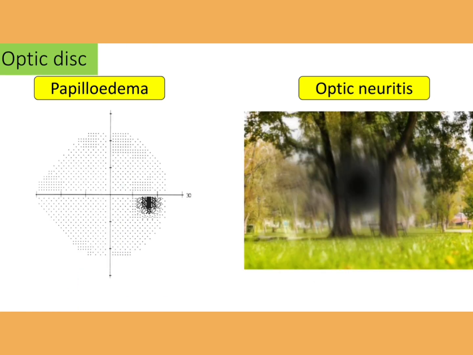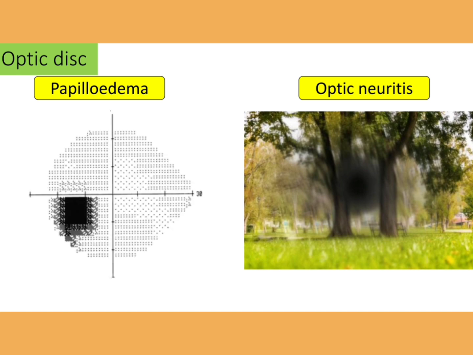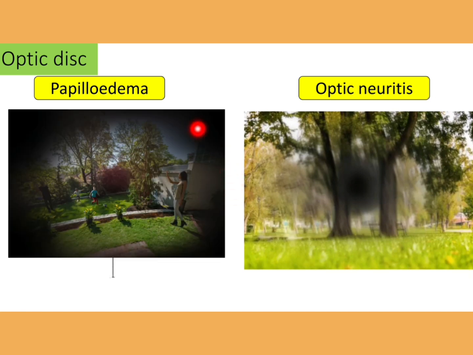Now let's come to the optic disc. Here this is the normal optic disc and this is the enlarged optic disc, and because of the optic disc swelling, it is leading to damage to the nerve fiber layer, leading to a peripheral field defect.